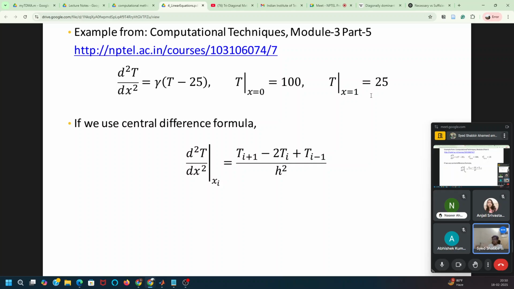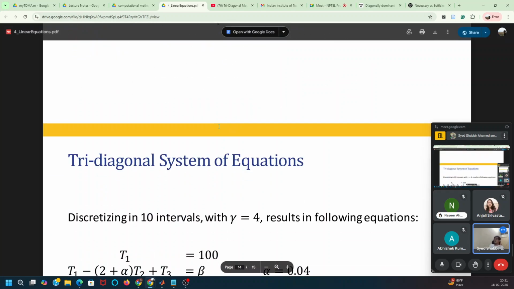Basically, this is a rod in which heat conduction is happening. At one end of the rod, at x equals 0, the temperature is 100, and at the other end, at x equals 1, the temperature is 25. Heat flows from higher temperature to low temperature, right? So that's what we will see.